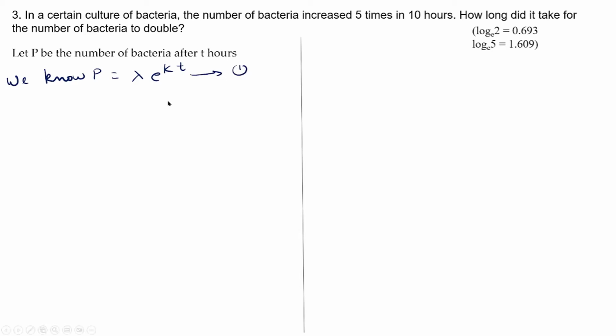Here it is given that when t equals 10, P has become 5 times lambda, where lambda is the initial number of bacteria at the beginning. In 10 hours, it has increased 5 times. So when t equals 10, P equals 5 lambda, which implies 5 lambda equals lambda into e raised to kt.